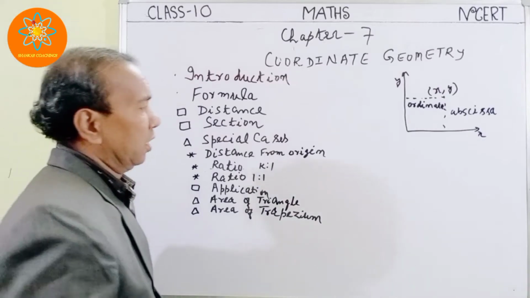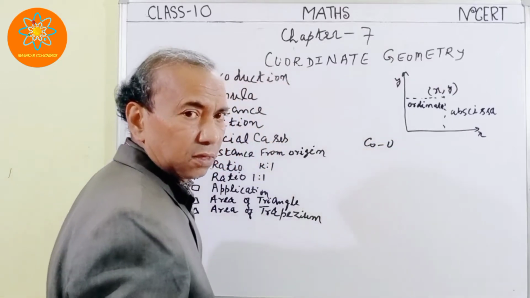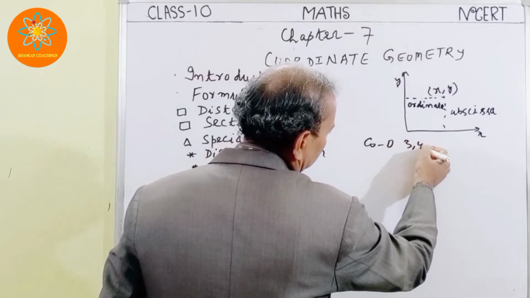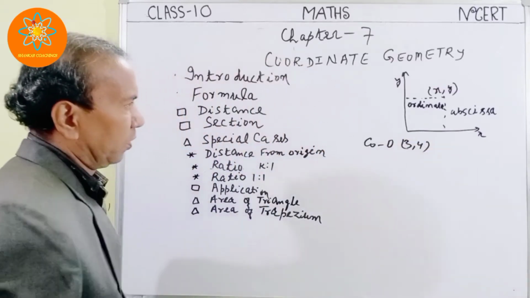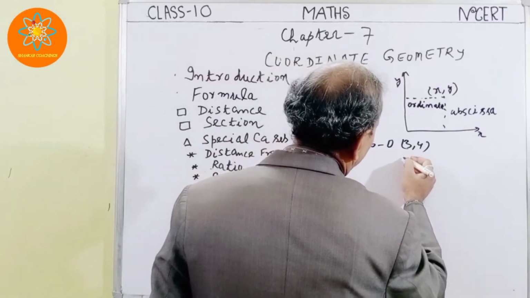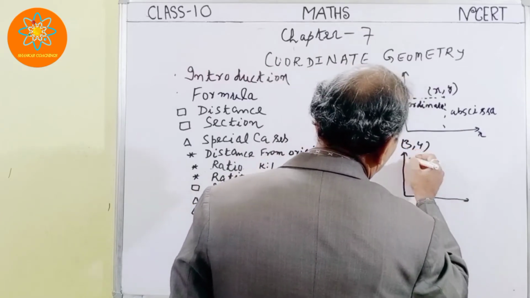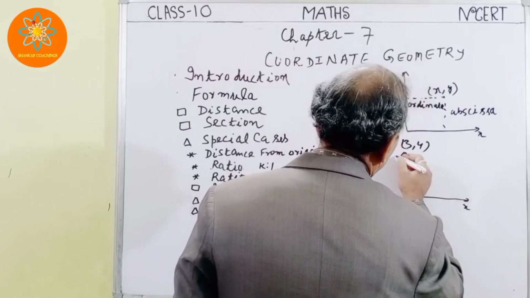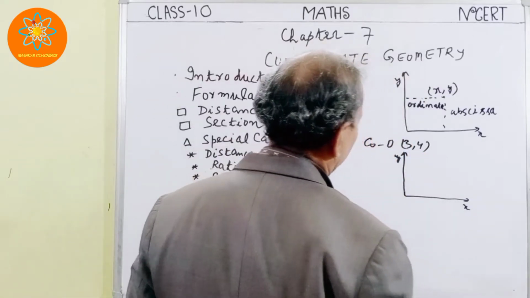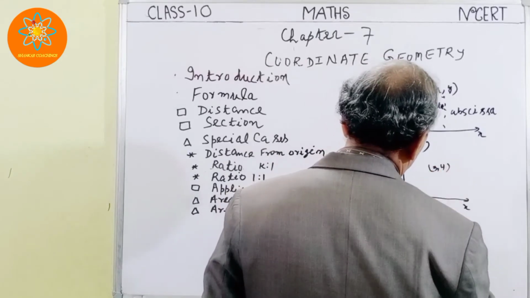Suppose I have a coordinate, let's suppose this is 3 and 4. I can write it like this: this is x and this is y, and (3, 4) is at this point.